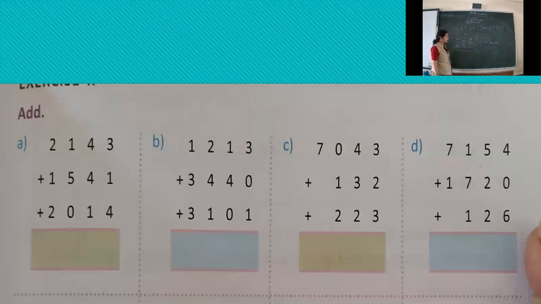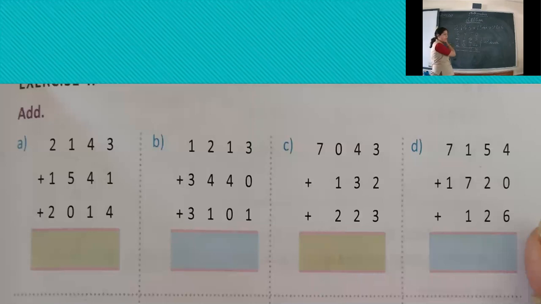Clear? Very easy. Now 4 plus 4. Again, just now we added 4 plus 4, so there's no need to add again. Still, try to do it on your own. 4 plus 4 is 8. To this 8, you just add 1 more. So you will get the next number, 9.